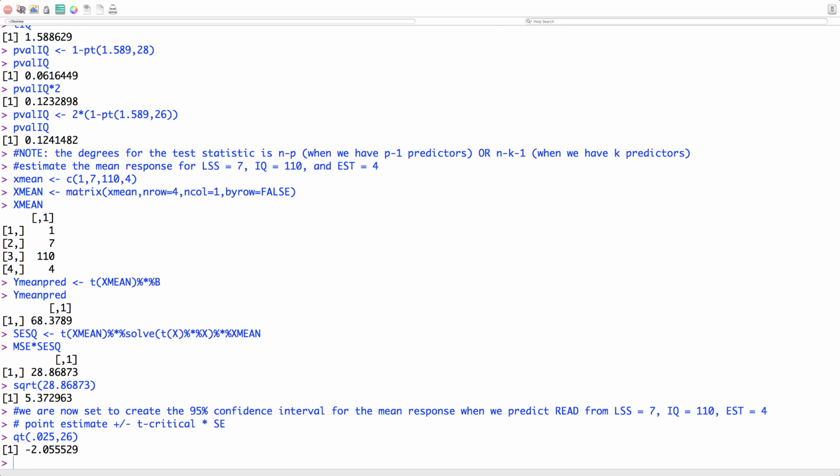So boys and girls, what we can do is take 68.38 minus 2.06 times the standard error, which is 5.37.